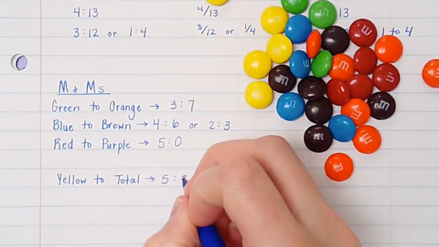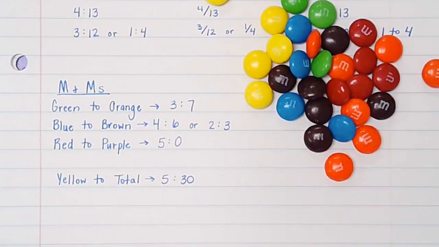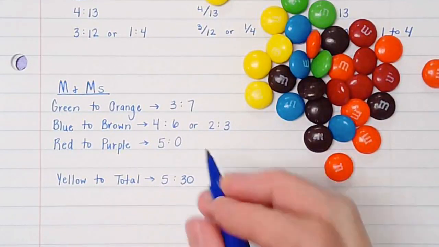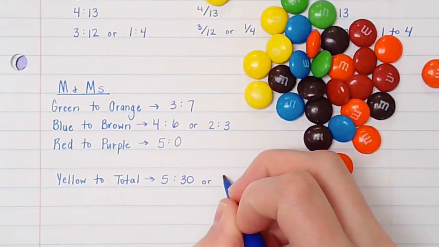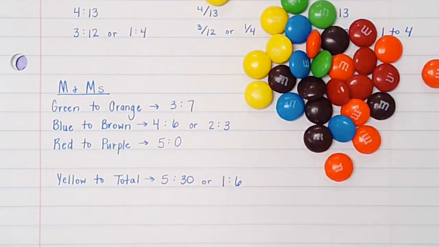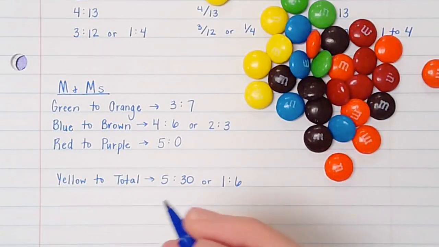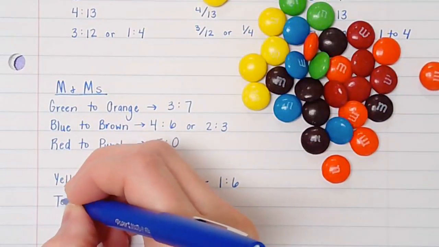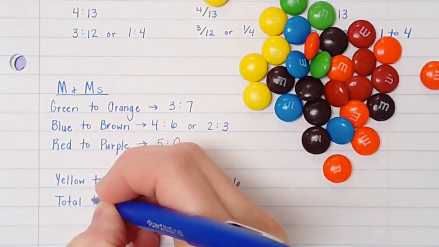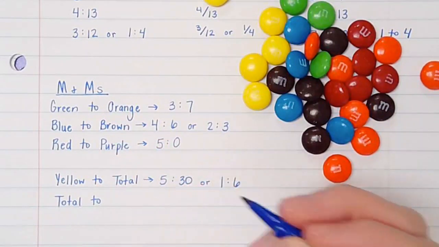Once again, hopefully you're realizing this can be simplified, so I might see this written as 1 to 6. What if they switched it and said total to yellow?